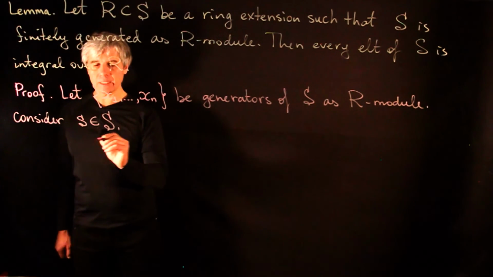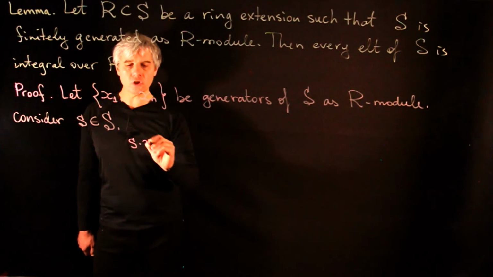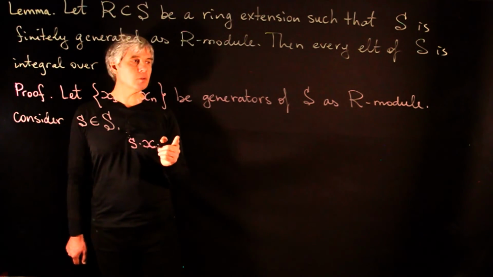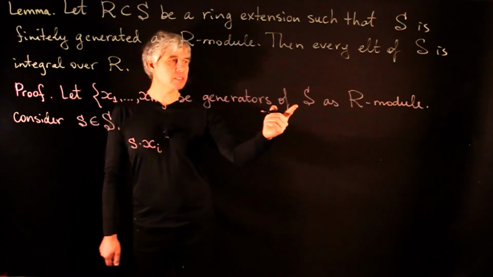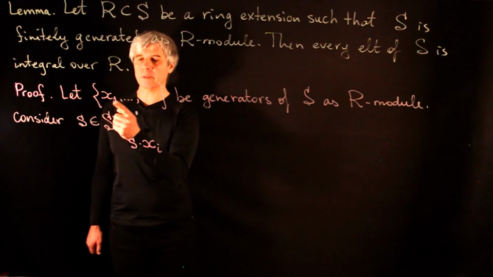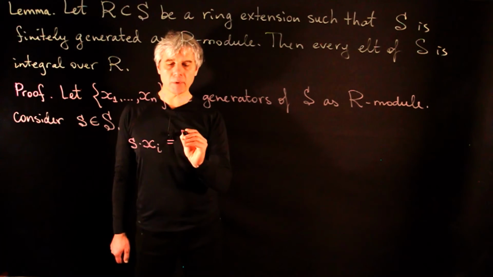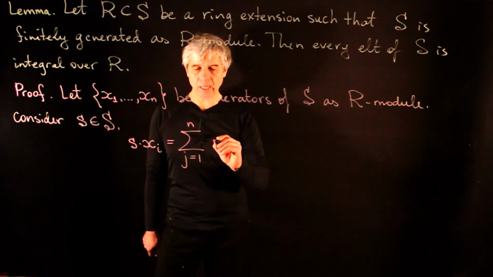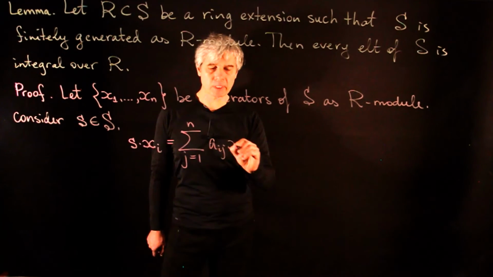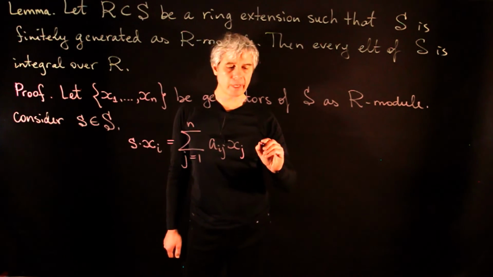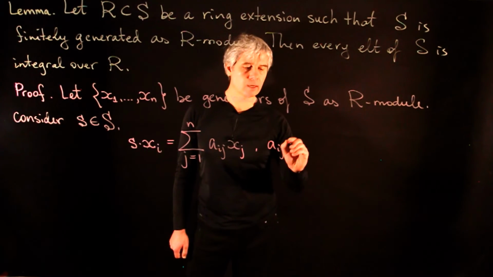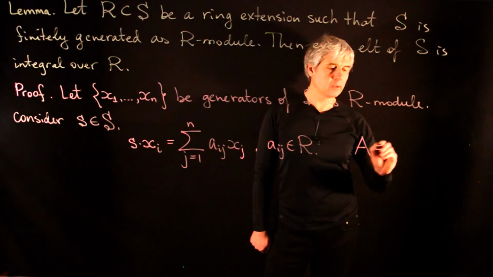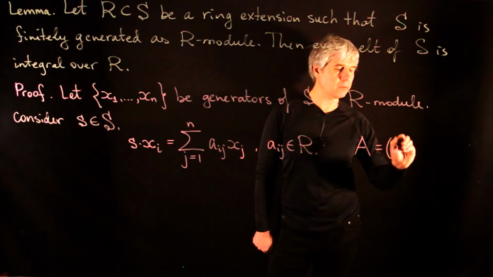So let us multiply s by each generator, s times xi. The result is going to be in S, and because S as an R module is generated by x1 through xn, this can be written as the sum over j from 1 to n, aij times xj, where aij are elements of R. Consider the matrix A that's made of these entries aij.